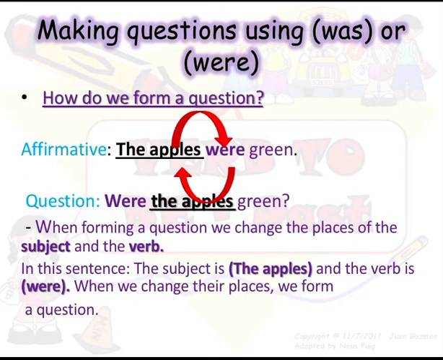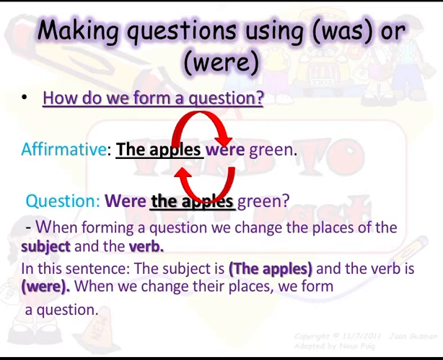Making questions using was or were. How do we form a question? The apples were green. Here we have to change their places. So we have to put the verb to be, were, in the place of the subject and the subject in the place of the verb to be.